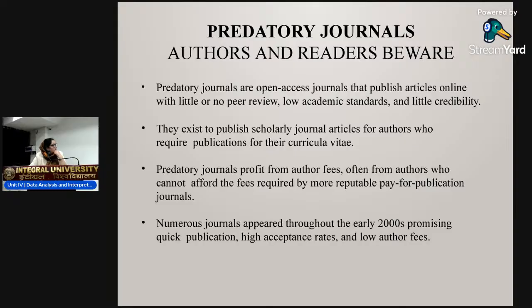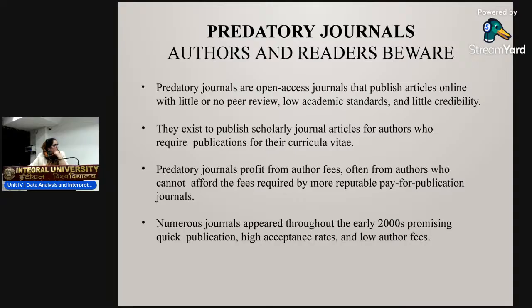So predatory journals are open access journals that publish articles online with little or no peer review, low academic standards, and little credibility. So most of the articles in this are shoddy. They are garbage because the entire data is fabricated.